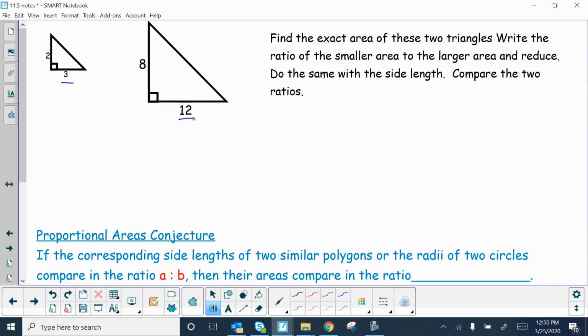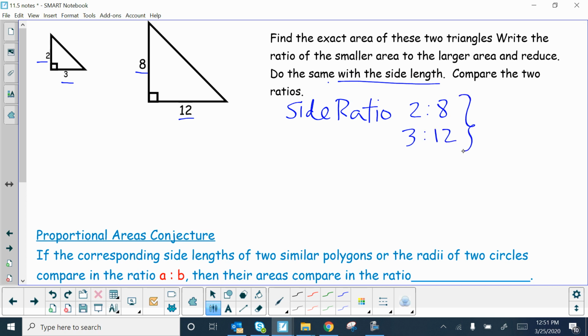So let's write down the side ratio, because it says we have to do that right here. The side ratio is 2 to 8 and 3 to 12, which what do those 2 reduce to? 1 to 4. So the side ratio is 1 to 4. So all of these sides got 4 times bigger.